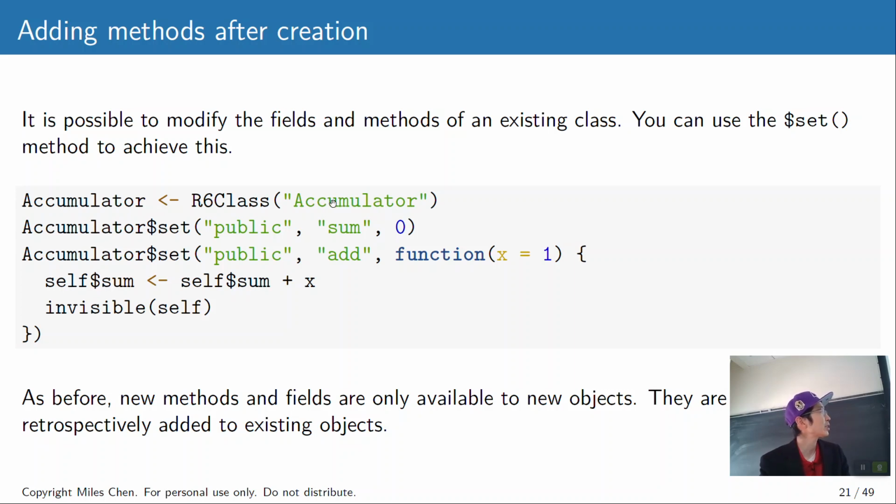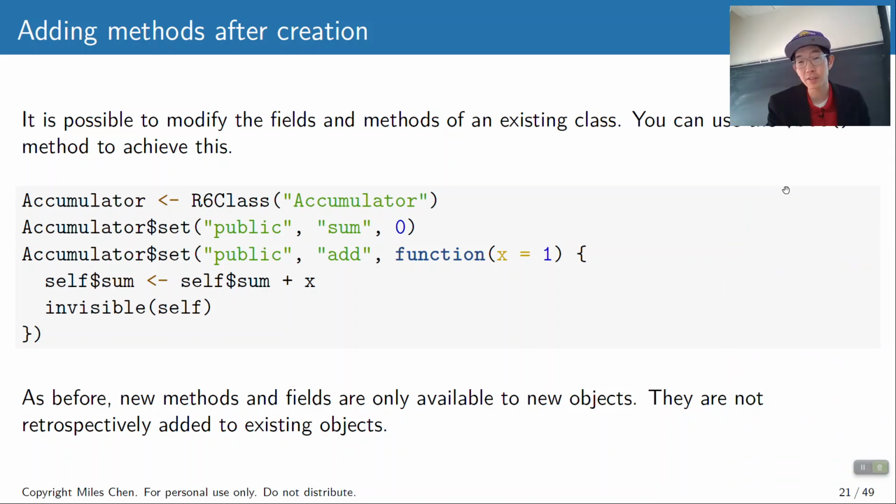Technically here I'm just giving it the name accumulator, and I actually haven't given anything in public. Now that I've defined accumulator, I'm going to set public, and we're going to set the field sum equal to 0, and then we're going to set the method add, and that's going to be equal to a function here, right? And again, this is basically redefining what it means to be an accumulator class object.